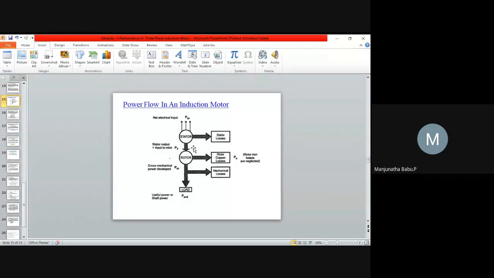P2 is to PC is to PM is equal to 1 is to S is to 1 minus S. So P2 by PC is equal to 1 by S, so P2 is equal to PC by S. So you'll get the input of the rotor.